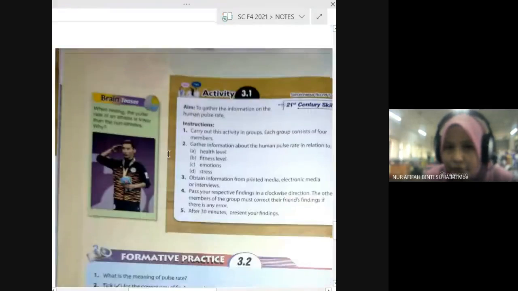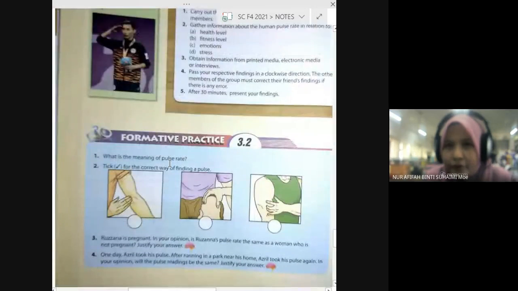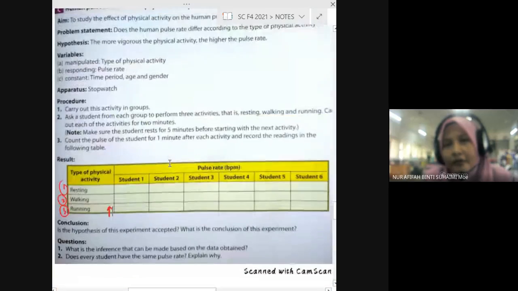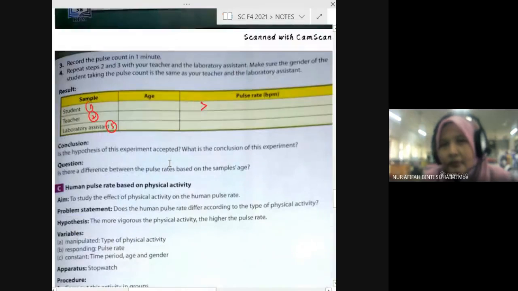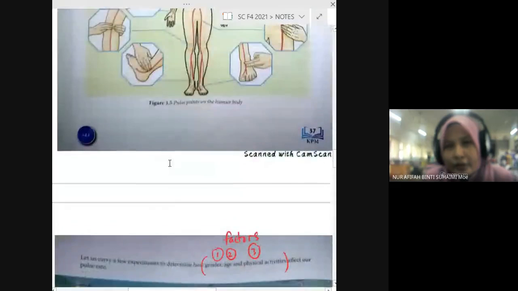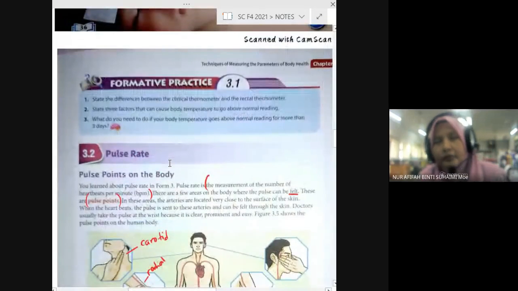Okay, so we are done with 3.2: the definition of pulse rate, the factors that affect the pulse rate, and the experiment that we need to carry out. We have settled 3.1 and 3.2.